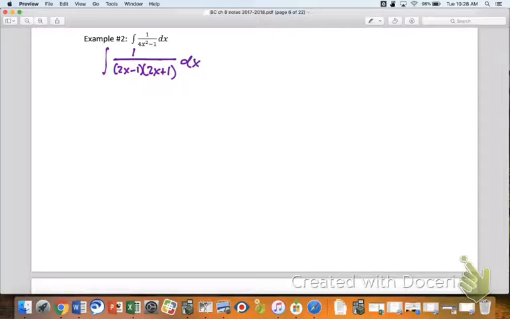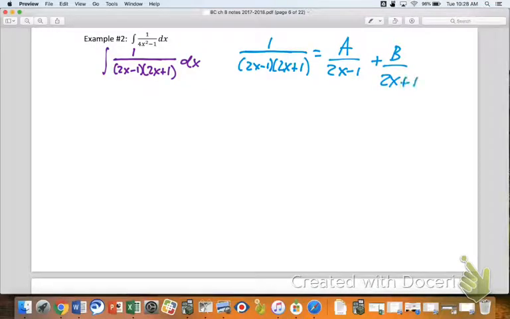And then, like I said, I usually go off to the side, and I will rewrite 1 over 2x minus 1 times 2x plus 1 and set that equal to A over 2x minus 1 plus B over 2x plus 1. And this would be the first point where we might have some totally inconsequential disagreement.